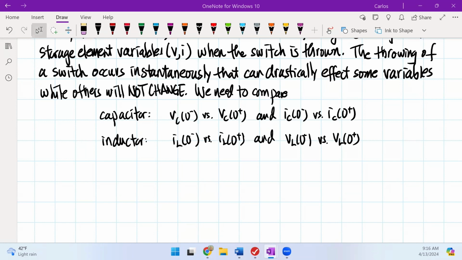So I'm going to start with capacitors and then I'll go on to inductors. So now we're going to be looking at the initial values of capacitors with switches.